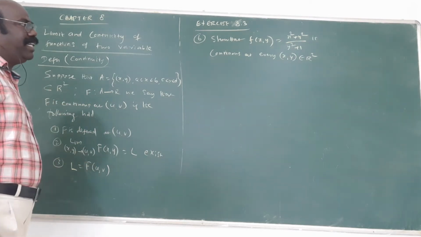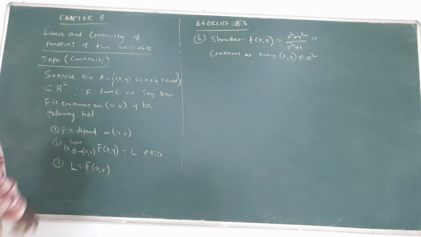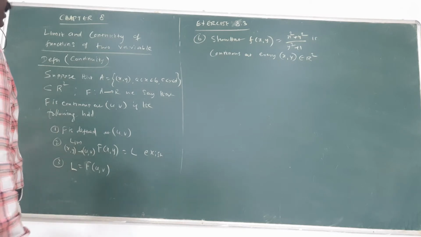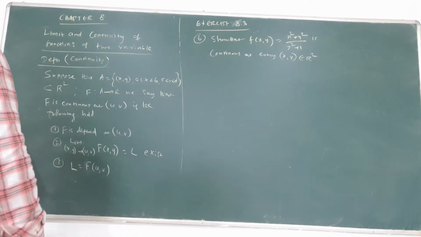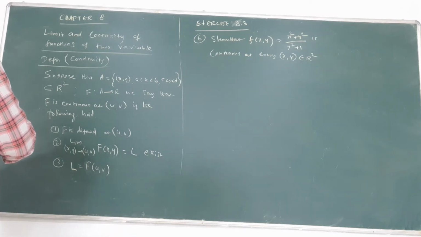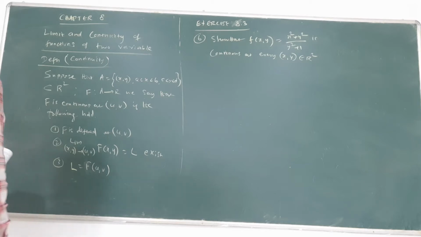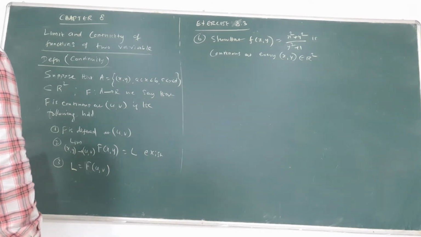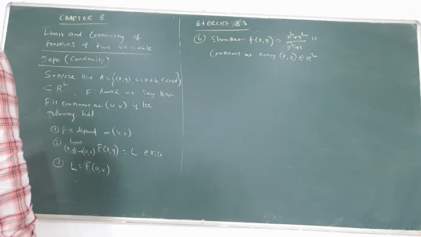Now question number 6 says, by using this idea, show that f of x y equal to x square plus y square divided by y square plus 1 is continuous at x comma y in r square.